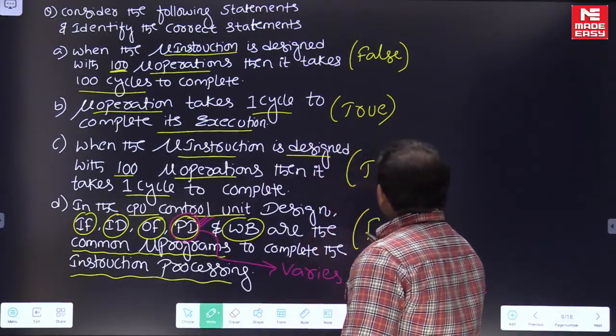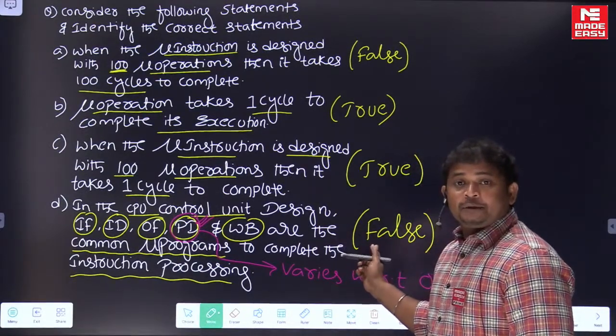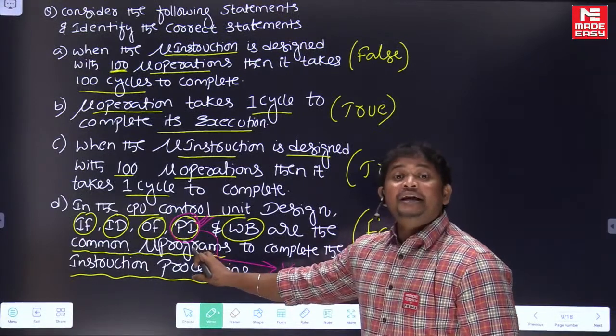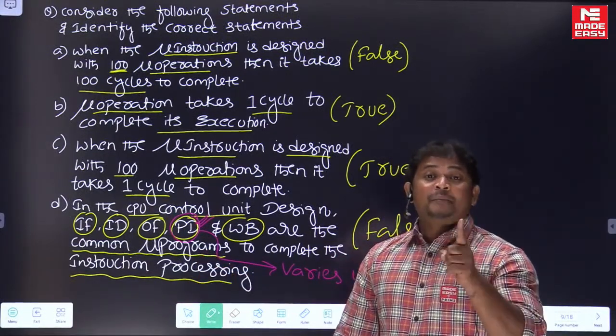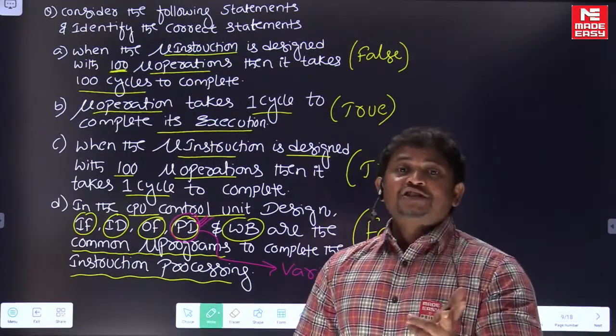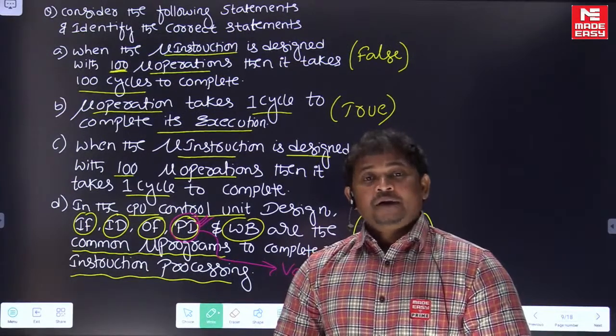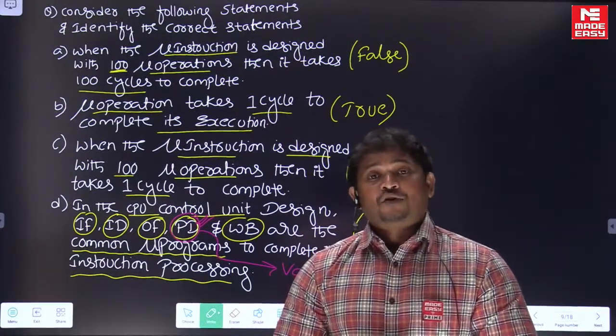Some students gave this statement as true, but it is not true. Why is it not true? PD is not a common microprogram. The PD microprogram varies from instruction to instruction. Therefore, PD is not a common microprogram. So this statement is false.